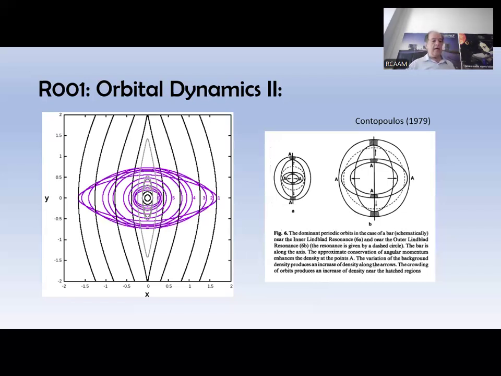Staying for a while with the orbital dynamics, look back to this paper by Contopoulos 1979 here. There are some regions where there is orbital crowding. One very interesting one is at the outer part of the H2 regions.